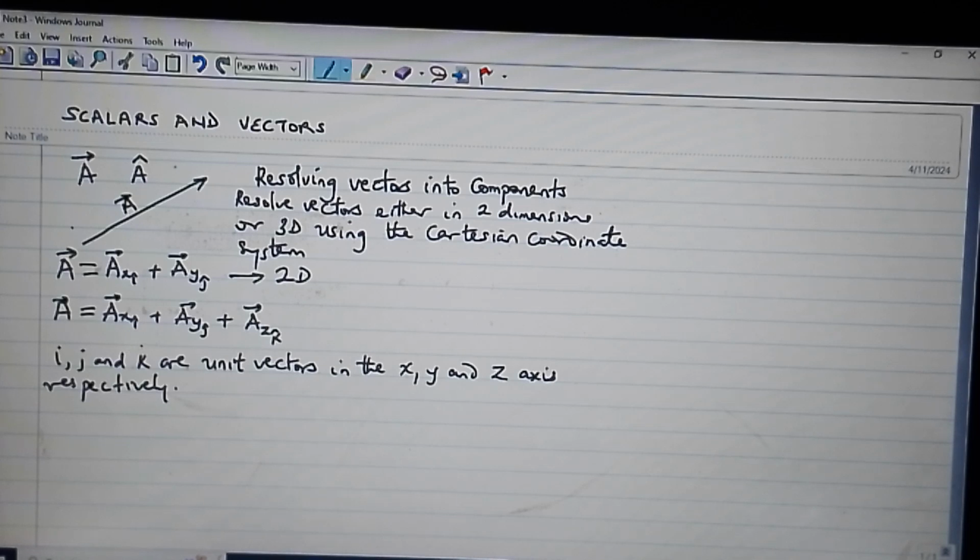Now, having resolved the vector into components, we can also look at some operations involving this vector. For example, we can add 2 vectors considering their direction. We can subtract 2 vectors also considering their directions, and we can also multiply 2 vectors considering their directions.